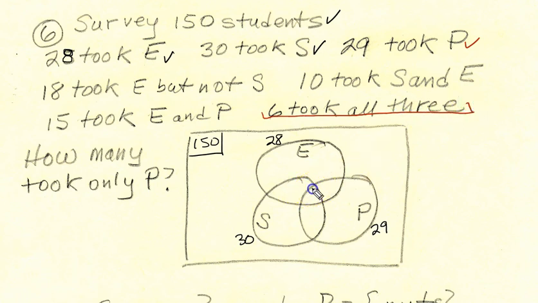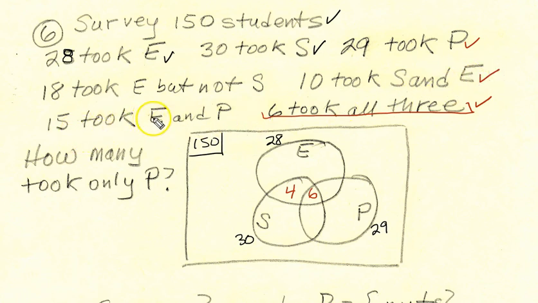So I'm going to put a 6 there. So studying this, 10 took S and E. S and E, 10. But we also have 6 already. So this will be 4 here. Okay, I can put a check after that.